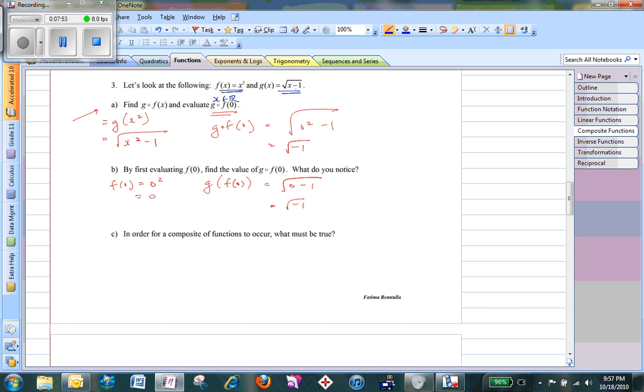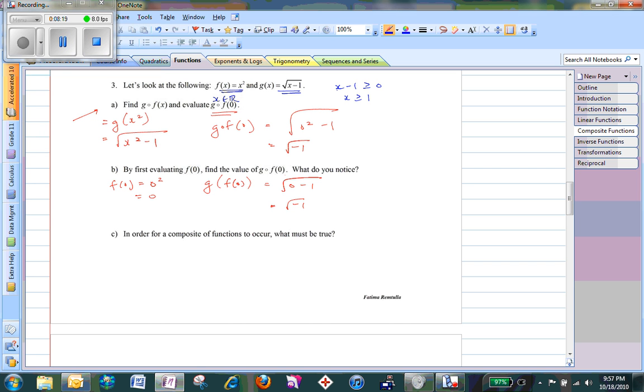This is a square root function. Whatever is underneath the root sign has to be greater than or equal to 0. So x minus 1 has to be greater than or equal to 0. So x has to be greater than or equal to 1. So if f contains all of the numbers, and g only contains the numbers bigger than or equal to 1, that means the function that I was subbing into g was too big.